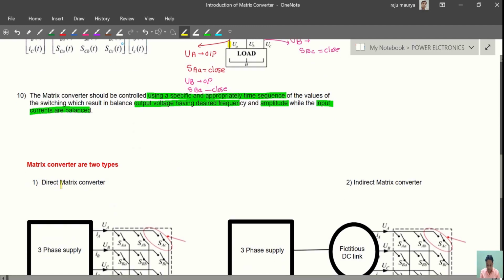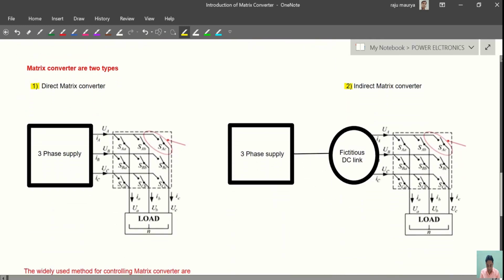Now, matrix converters are of two types. The first one is the direct matrix and the second one is the indirect matrix.